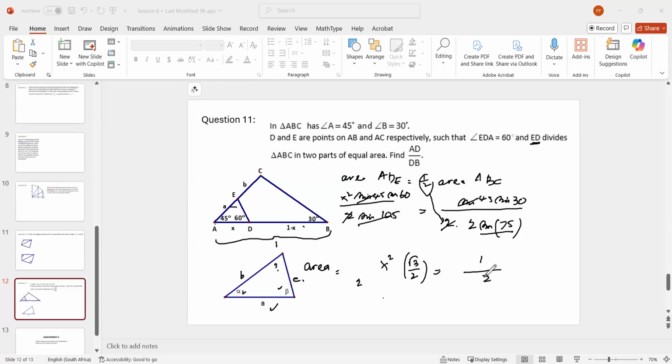So it's 1 over 2. So now you see, you got x squared. You can calculate x squared. X squared is, yeah, it's 1 over 2 root 3.